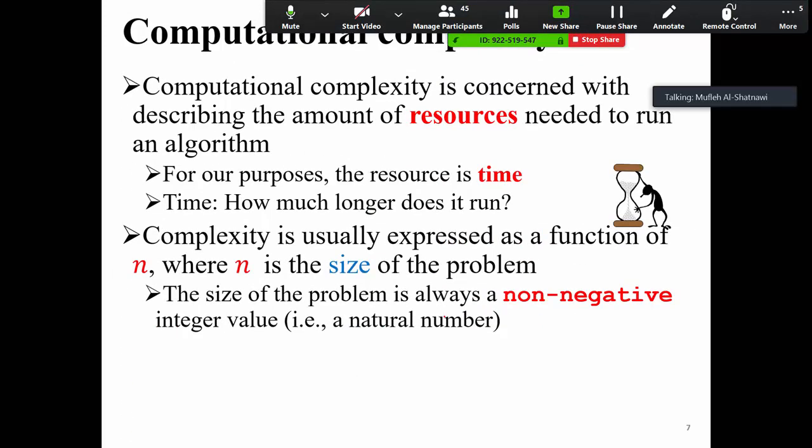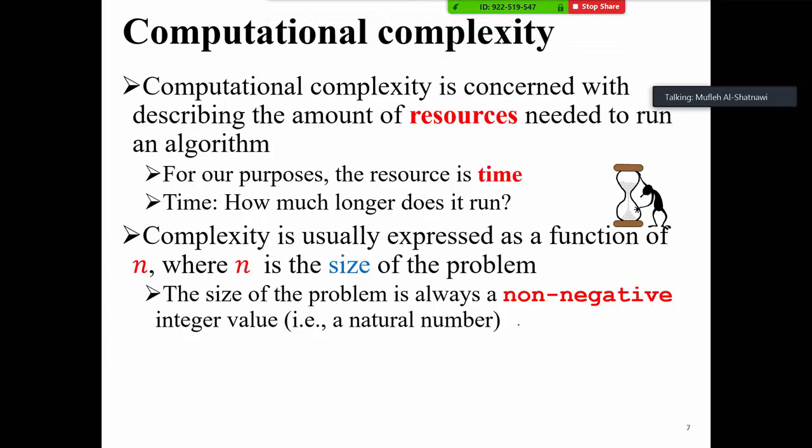If we discuss the computational complexity for any algorithm, for any Java program, we either look at the time complexity or space complexity. Space complexity refers to memory, how much of your machine's memory the algorithm will use.